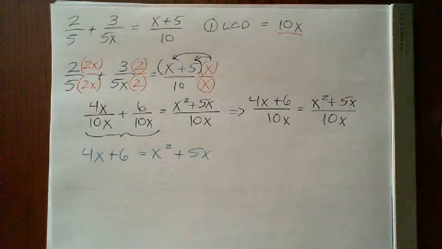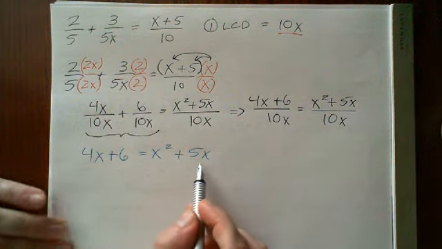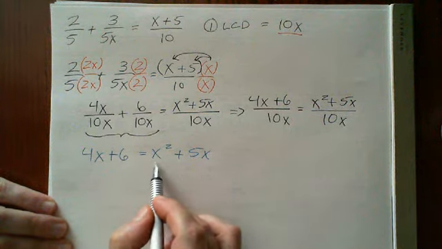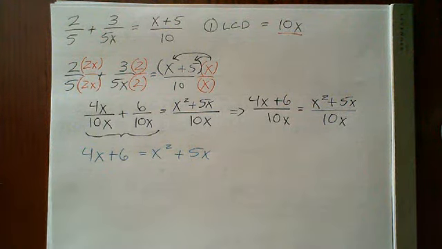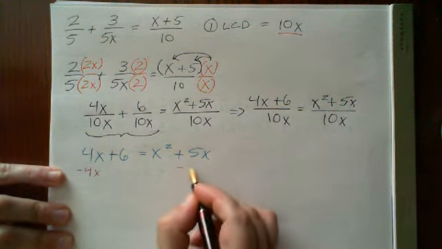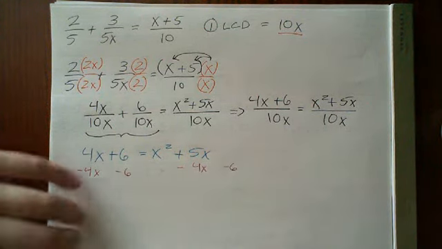So at this point we can see we're going to end up with a quadratic. So I could subtract x squared and subtract 5x from each side, but instead of doing that, I like my coefficient on my x squared to be positive. So I'm going to actually subtract the 4x from each side, and I'm going to subtract 6 from each side.